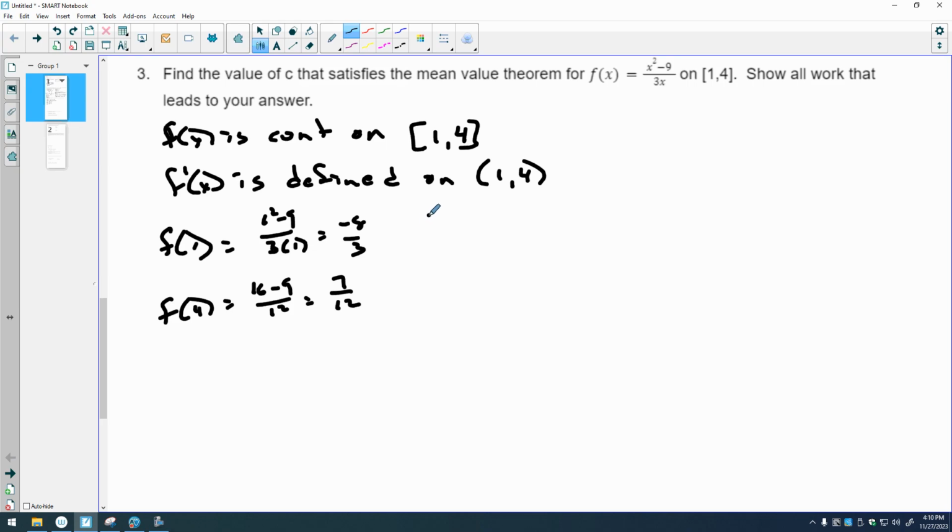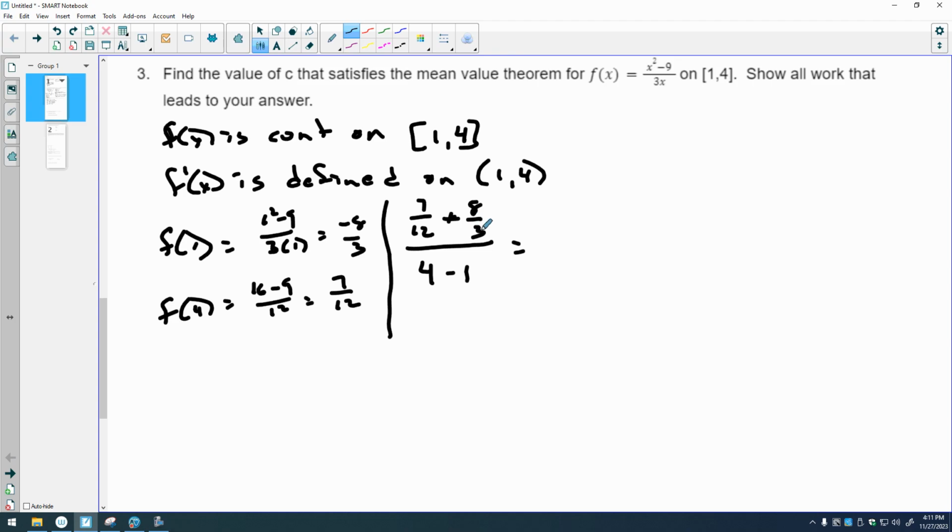So now y2 minus y1, a minus makes it plus, over x2 minus x1.